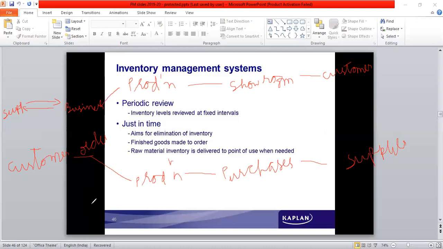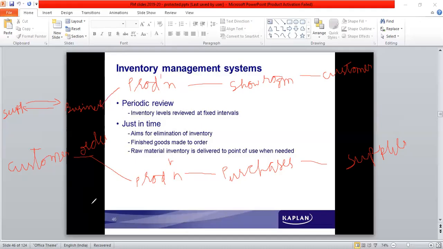So to purchase it, the supplier is pre-selected, who is also a reliable supplier, and without fail he delivers the material, so they would not face any difficulty in terms of the supply of material.